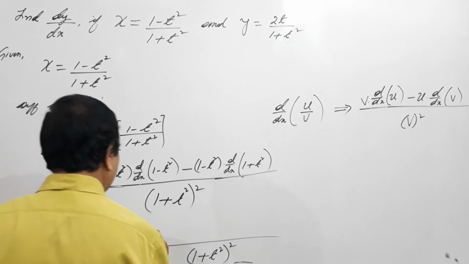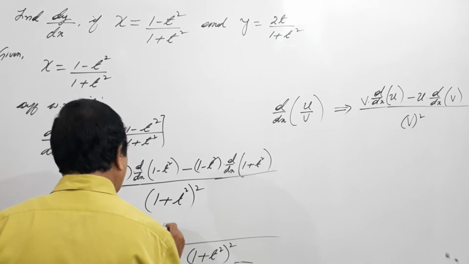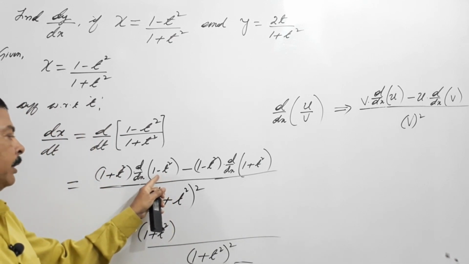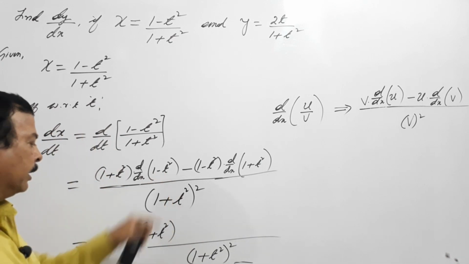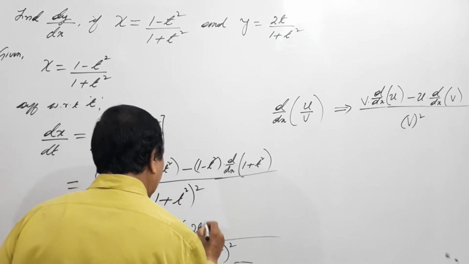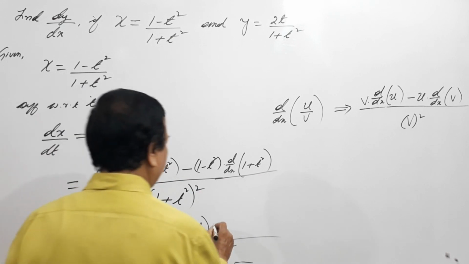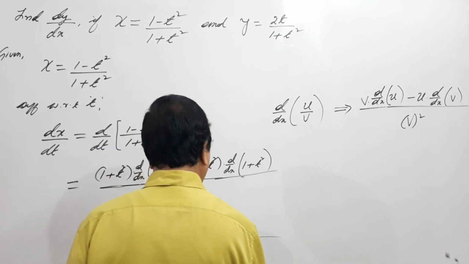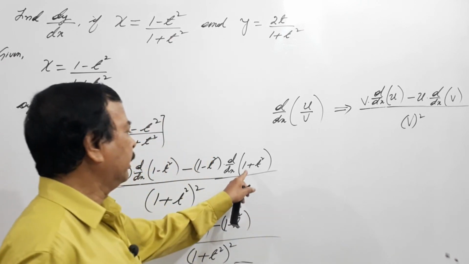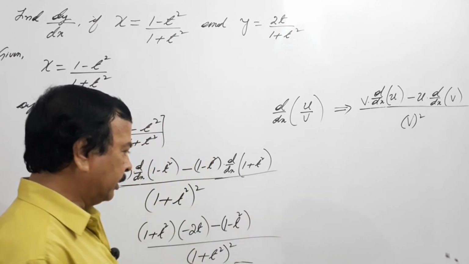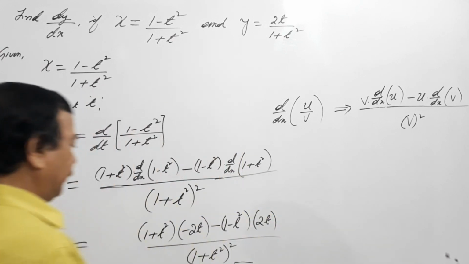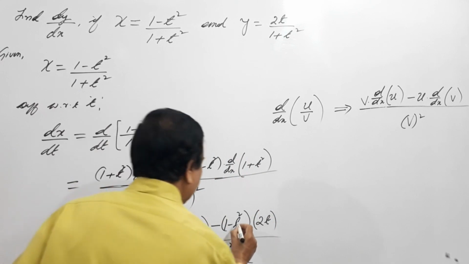Keep 1 plus t square as it is, differentiation of 1 minus t square: differentiation of 1 is 0, minus, that is minus 2t, minus 1 minus t square, again d by dx of 1 is 0, and this will be into 2t.